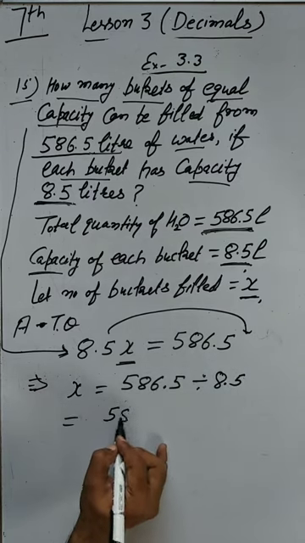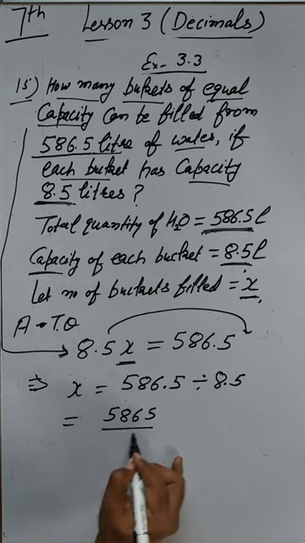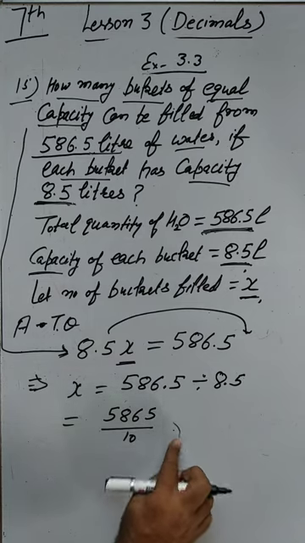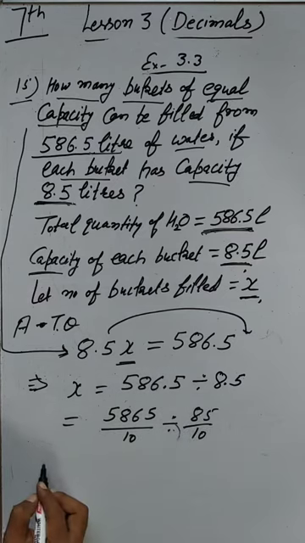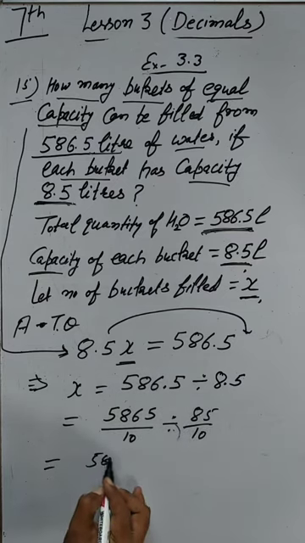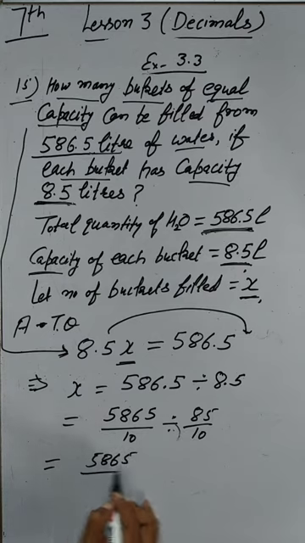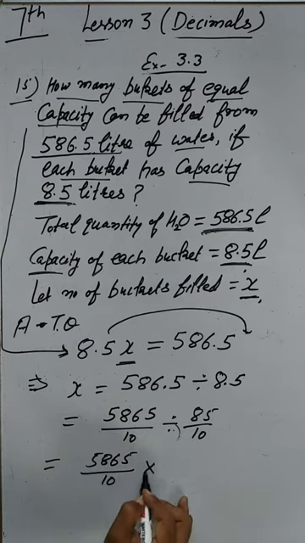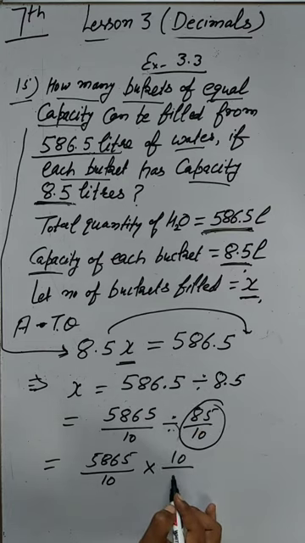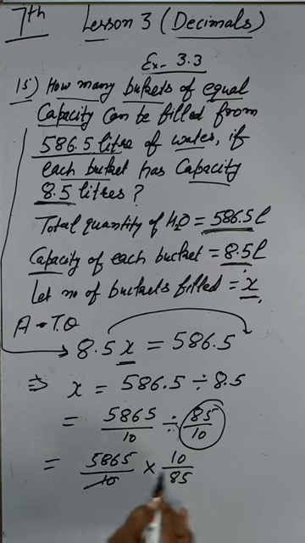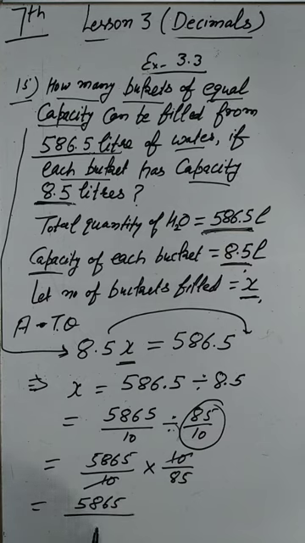Remove the decimal. It becomes 5865 upon 10 and 85 upon 10. Now simply you can solve. Division changes into multiply, and here we write the reciprocal of 85 upon 10, which is 10 upon 85. 10 is cancelled with 10. Now 5865 divided by 85.